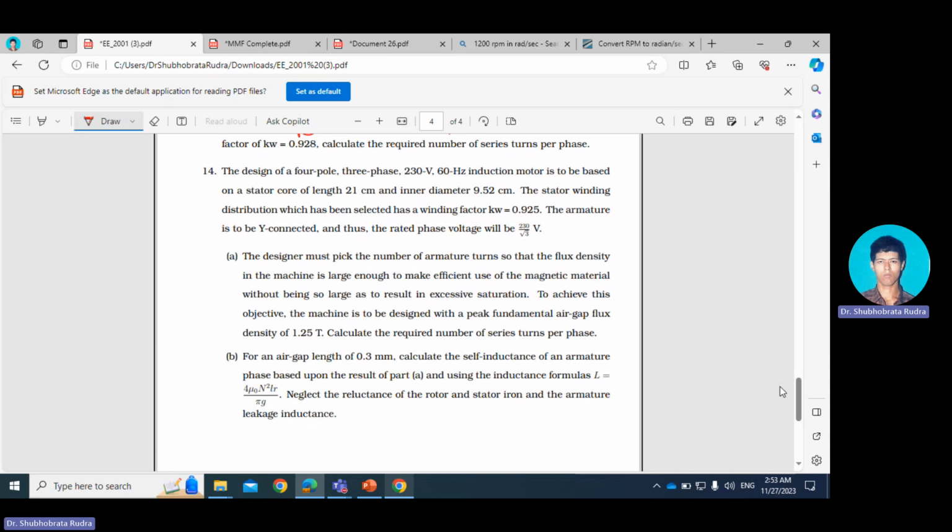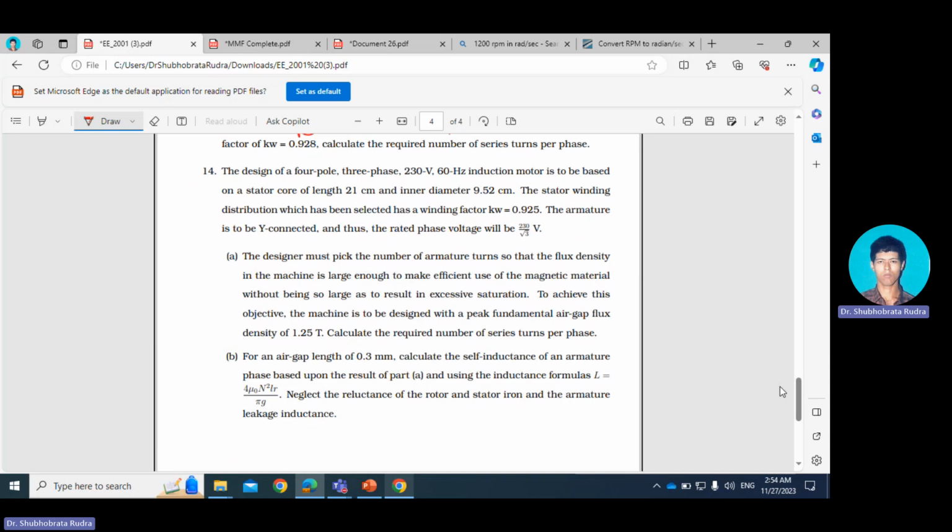14, what it says: the design of a 4-pole, 3-phase, 230-volt, 60 Hz induction motor is based on the stator core length of 21 centimeter, inner diameter 9.52 centimeter. The stator winding distribution has been selected as a winding factor this much. The armature is wye connected, thus the rated phase voltage is 230 by root 3.